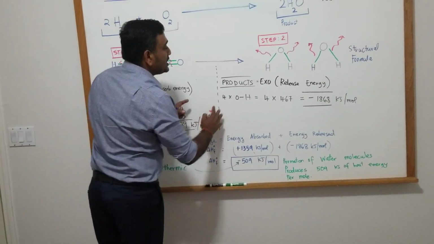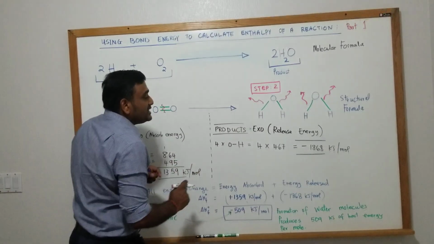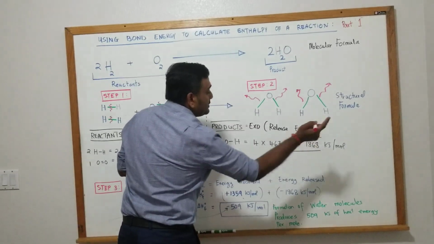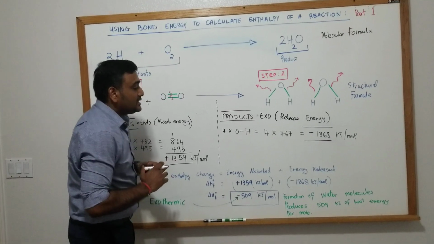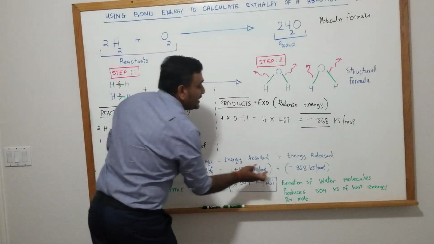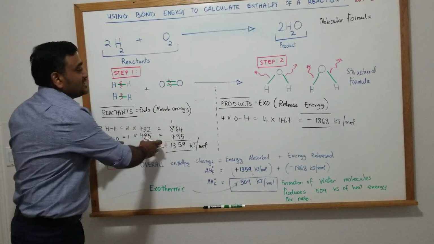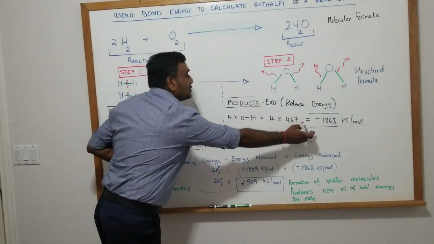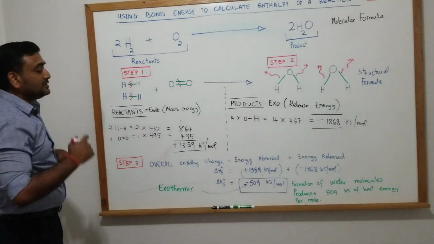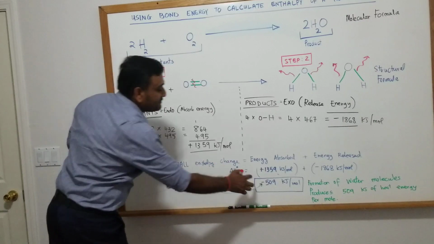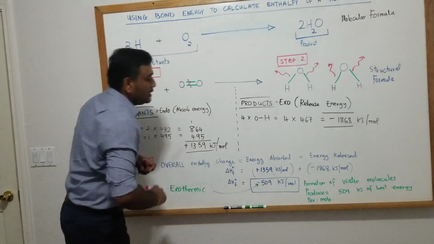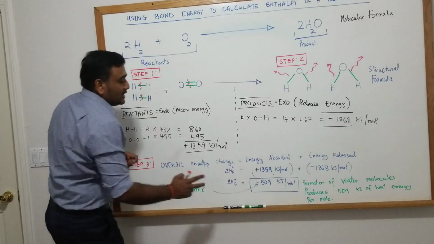We will add it to the amount released. The amount released out into the surrounding is 1868 kilojoules. So adding both of these established endothermic and exothermic reactant and product sides, we end up with a negative 509 kilojoule per mole. There are two things associated with it.